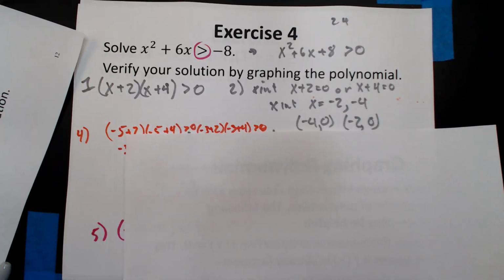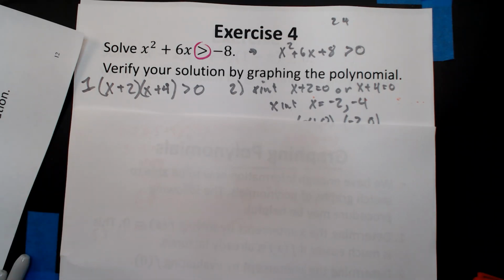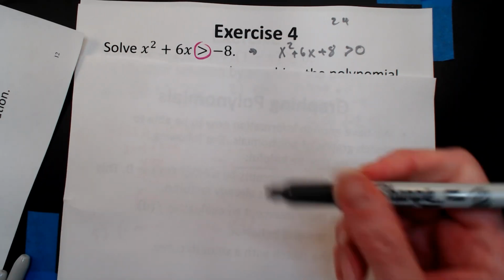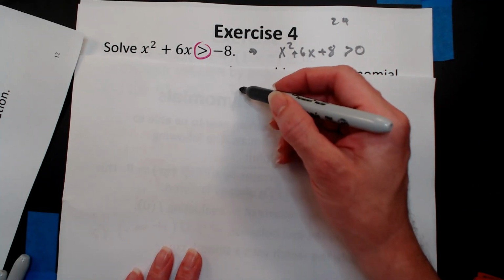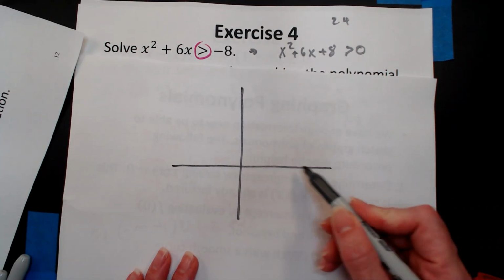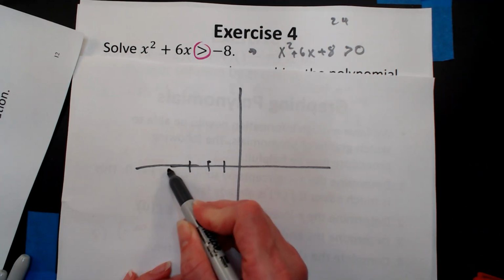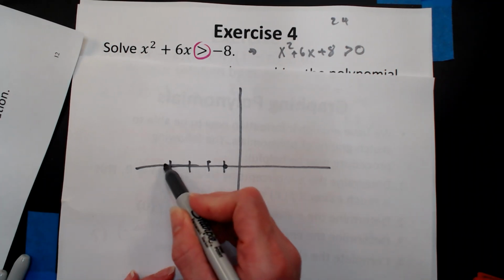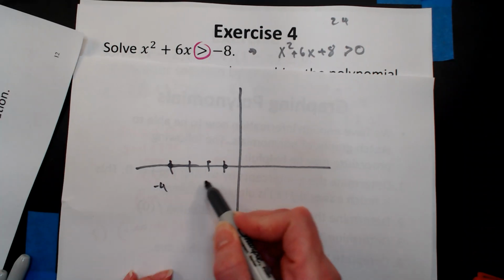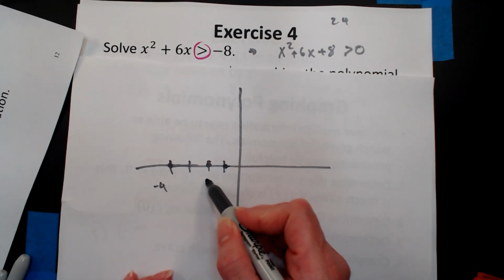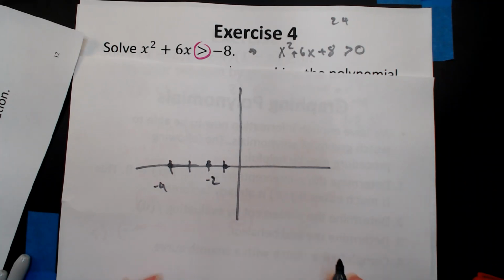So now if we look at this, and we want to graph this, so we want to verify by graphing. This is a parabola that's going to have zeros at negative 4, negative 2. And it opens up. Sorry, negative 2.